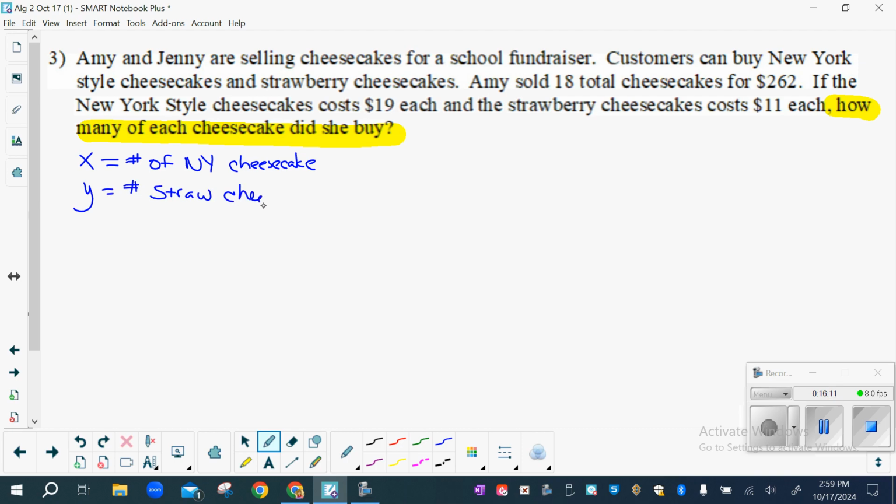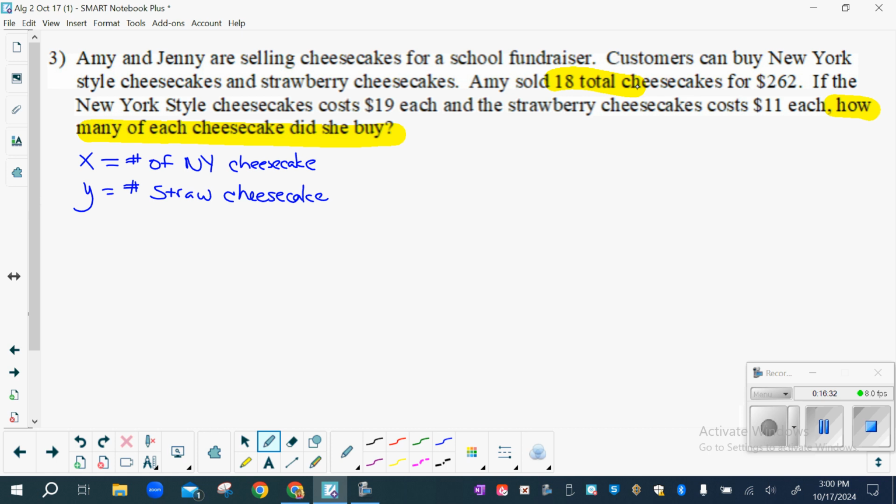So this one's a little different. Anybody have any idea how we start this out? What might be an equation that we could use? 18 total cheesecakes is the key there.